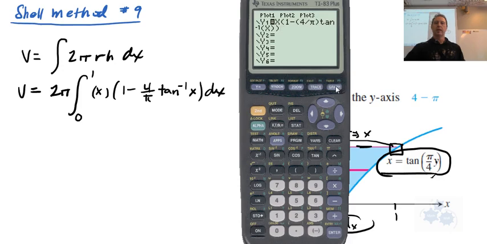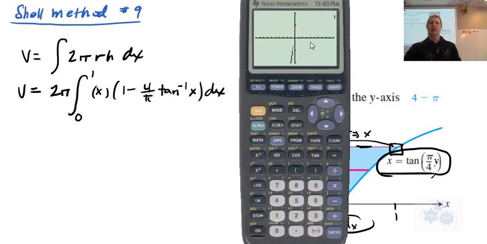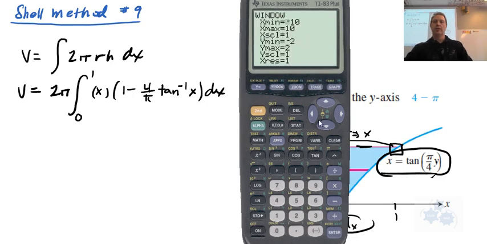Does that look okay? I'm not sure what this graph is going to look like. My window's a bit funny, but I want to go from 0 to 1. Let me zoom in here a bit, from negative 1 to 2, and see what we have.